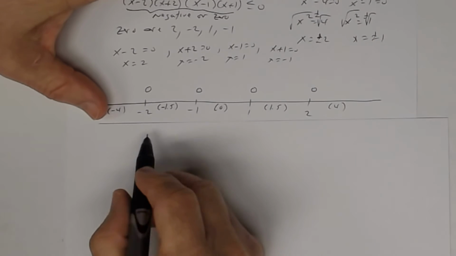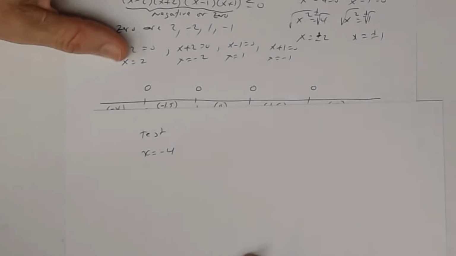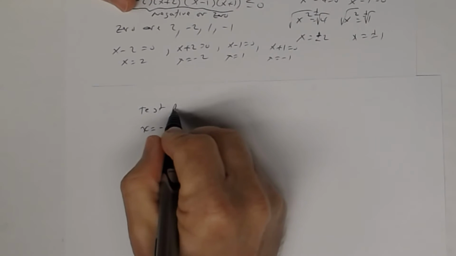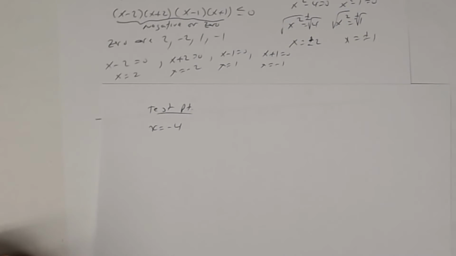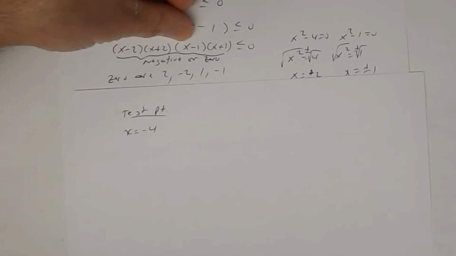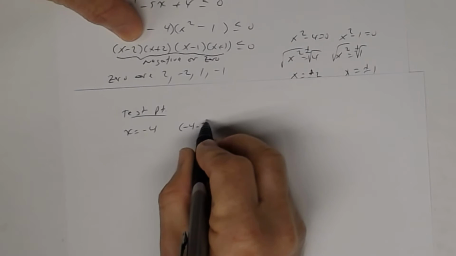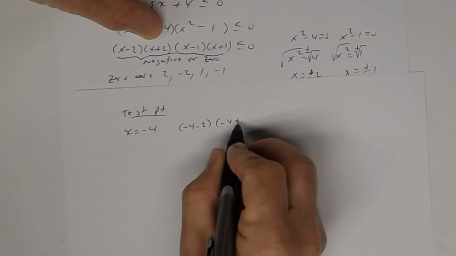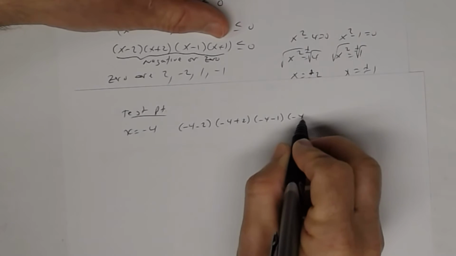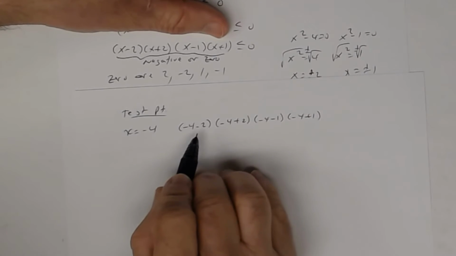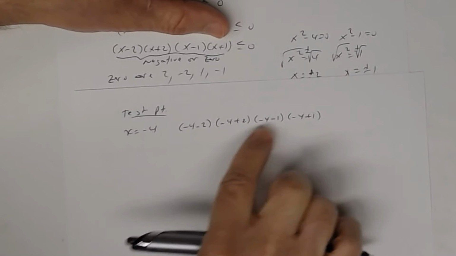Test point x equals negative 4. When x is negative 4, I'm going back here, and where we see the variable x, I'm going to substitute negative 4. So I get negative 4 minus 2, times negative 4 plus 2, times negative 4 minus 1, times negative 4 plus 1. Remember, all you're interested in at this point is the sign of each of those factors.